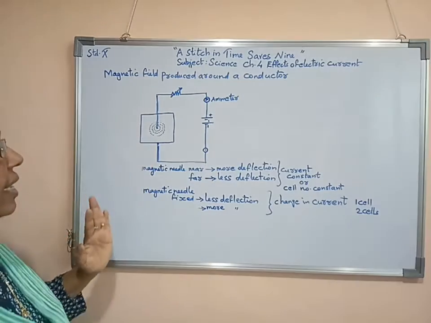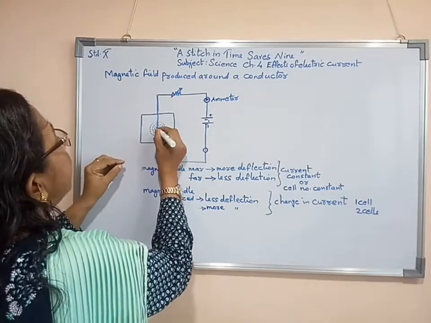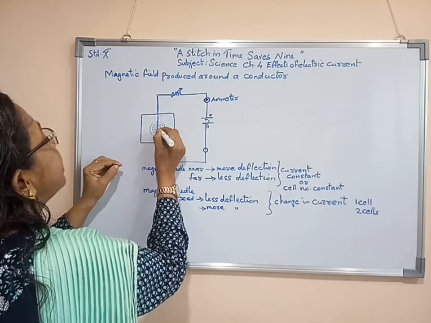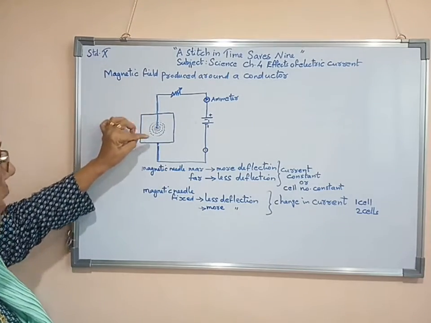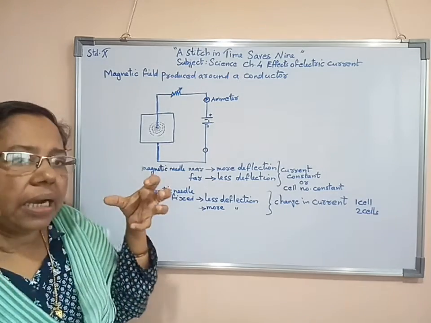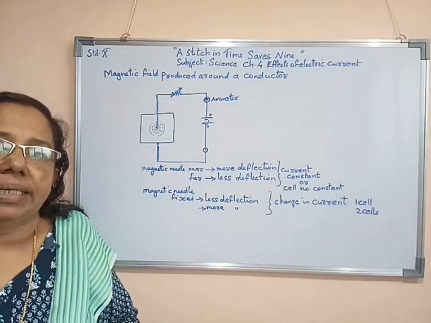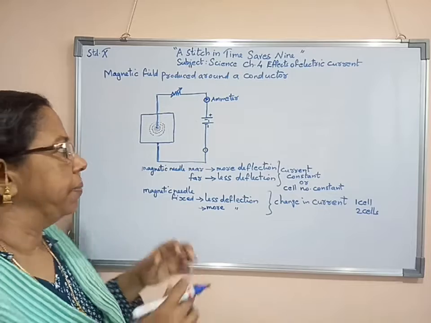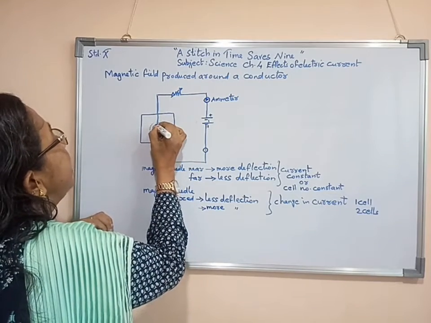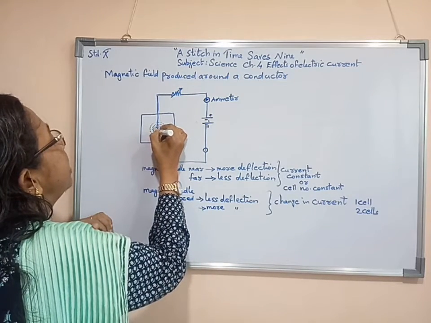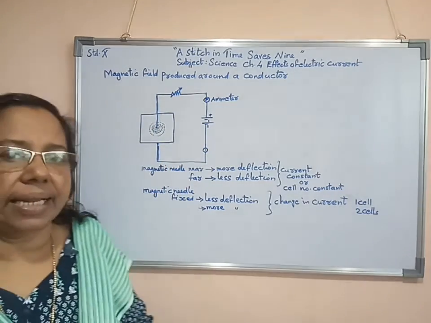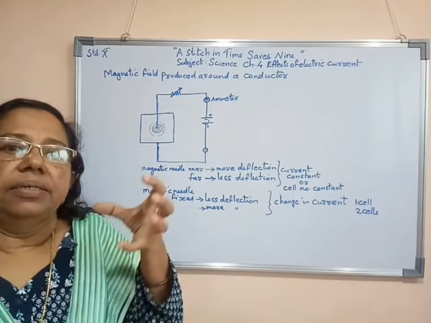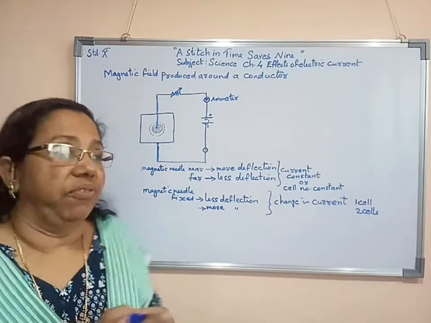Now from this we can learn that the iron filings which are near to the conductor are coming very close to the conductor. At the same time, again we can see that in the nearby area, the concentric circles are present in a crowded condition.